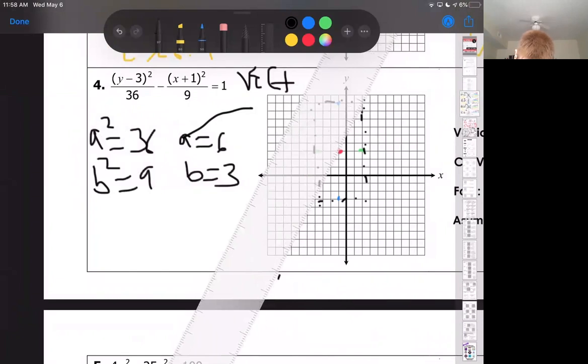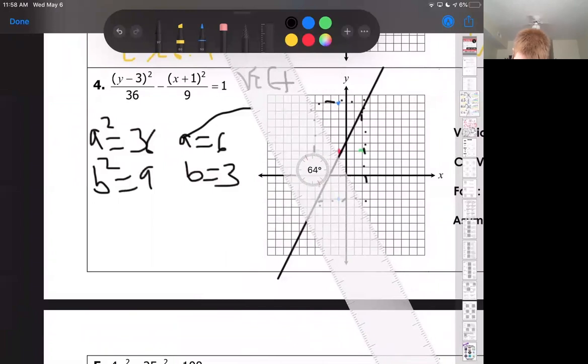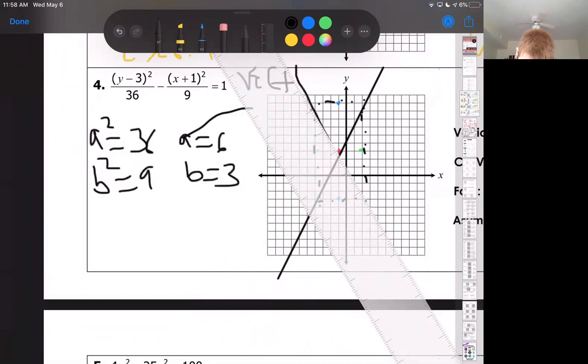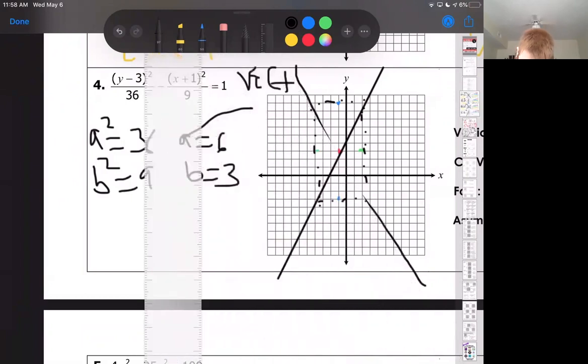Like I said, I'll do a dashed line just because it shows up a lot better. And this one would be something roughly like this. And remember, we always use our vertices. So our vertices are my blue points, so the curves would be guided by those asymptotes. And it would look something roughly like this.